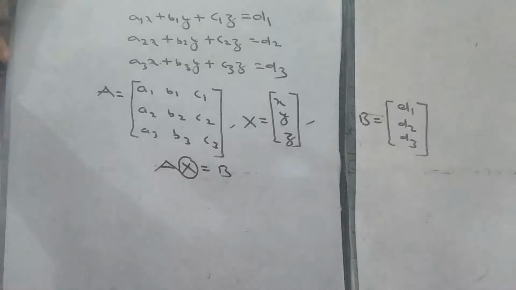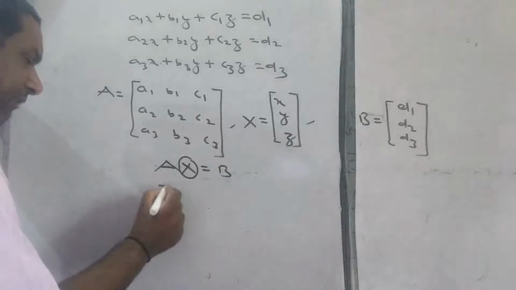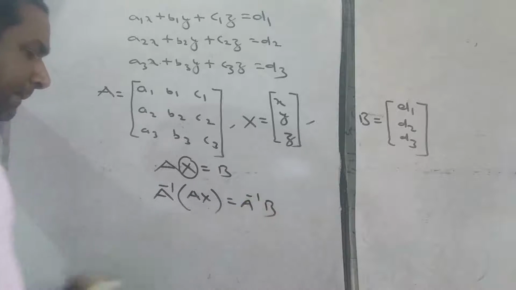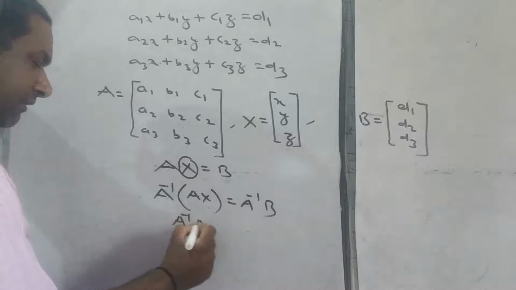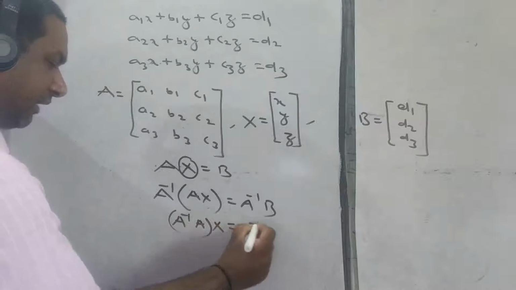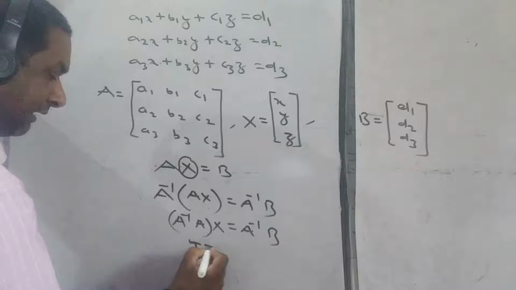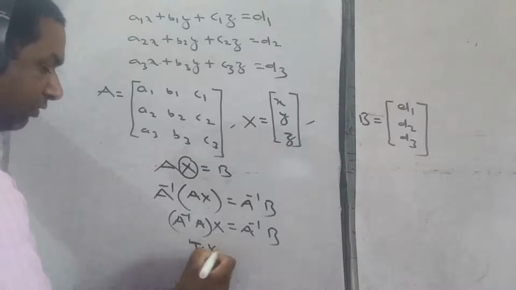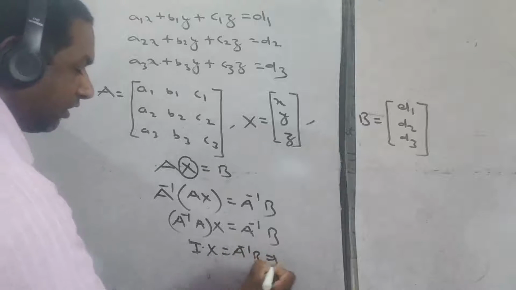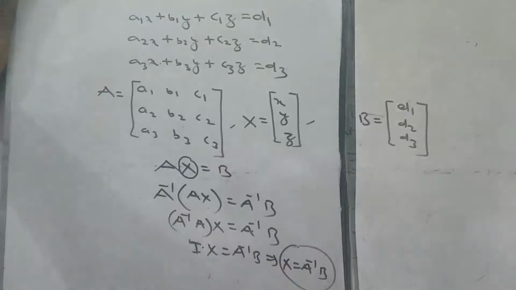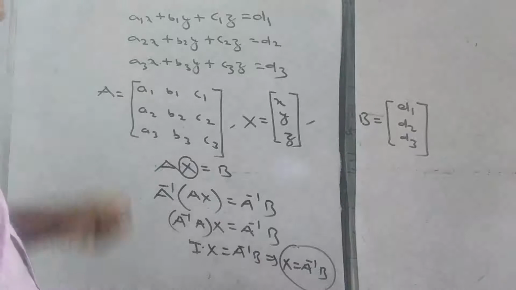By the left cancellation rule, we must multiply A inverse on both sides: A inverse A X is equal to A inverse B, or I into X is equal to A inverse B, or X is equal to A inverse B. This is how the value of X is evaluated, by multiplication of A inverse with B.